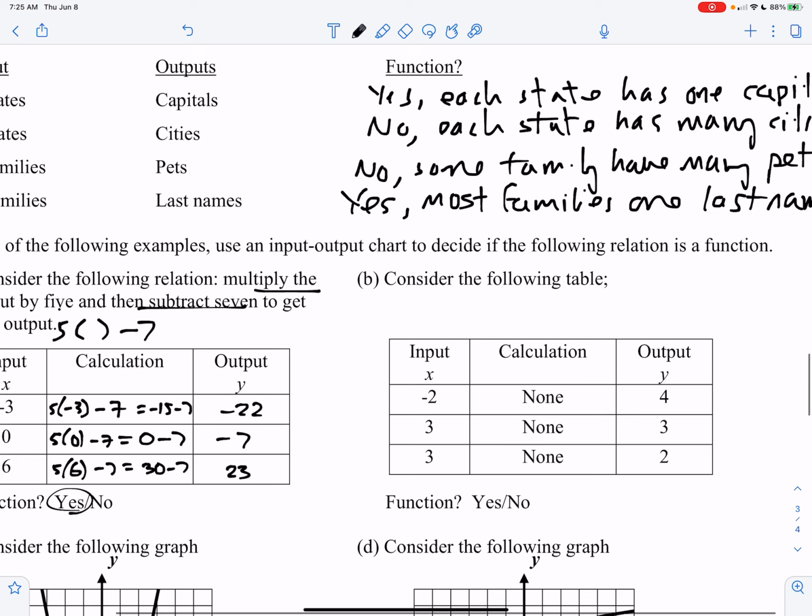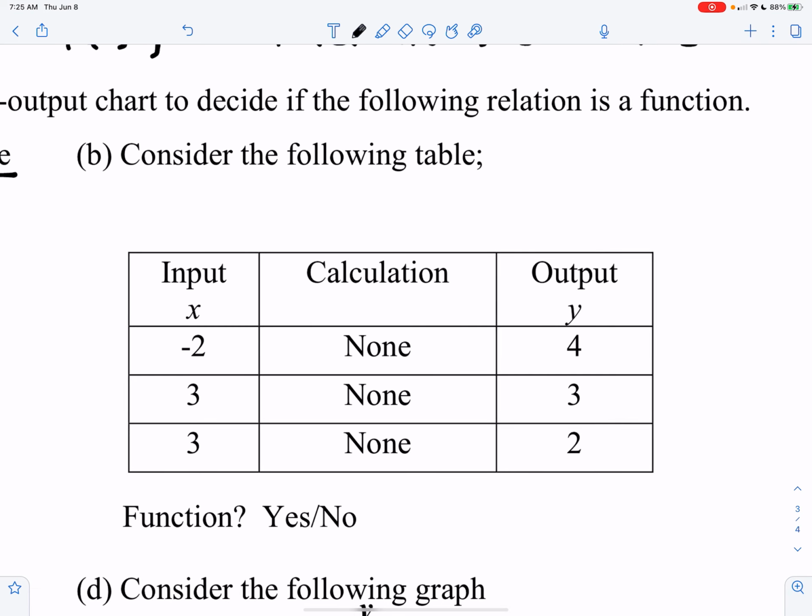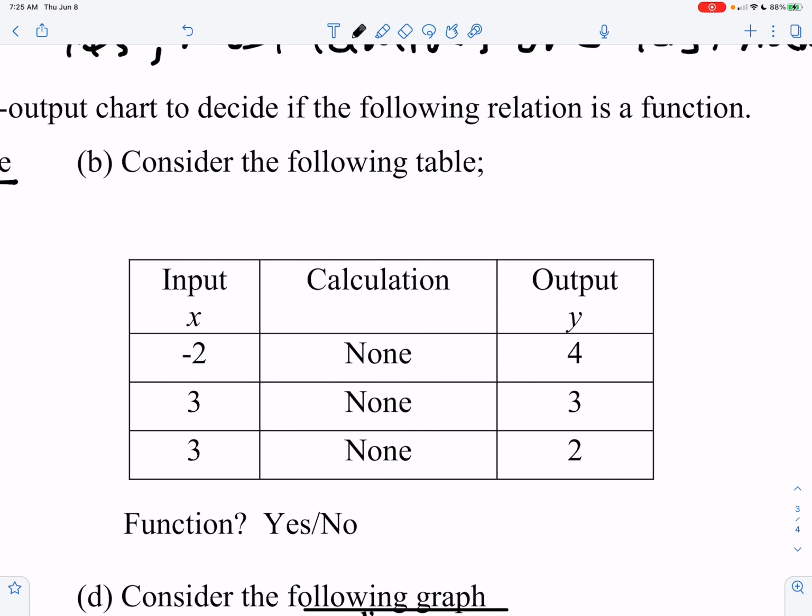Okay, now let's consider this right here. No calculation needed per se, but let's look at this. If the input is -2, we get an output of 4. Input of 3, output of 3. Input of 3, output of 2. Well, wait a minute. How can an input have different outputs? Well, for a function, it can't.